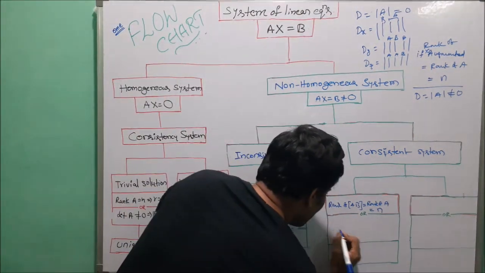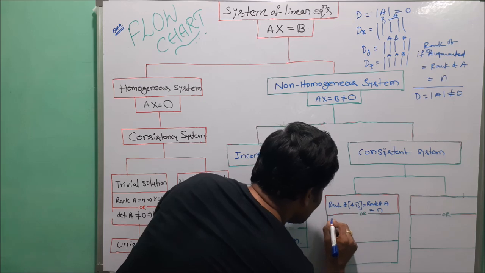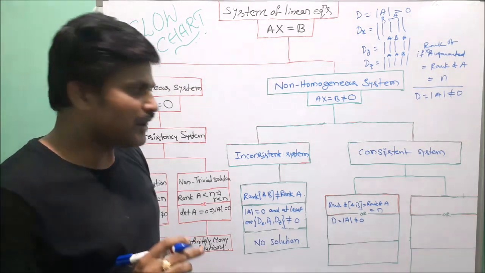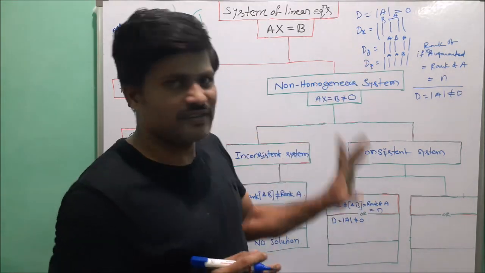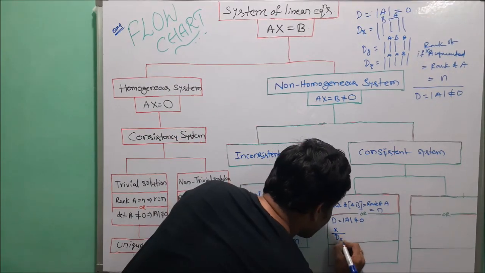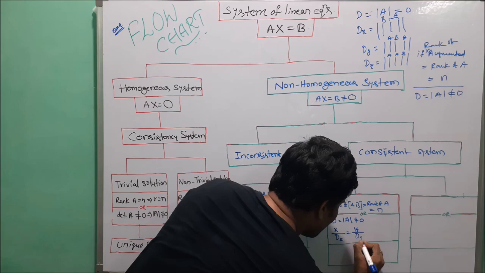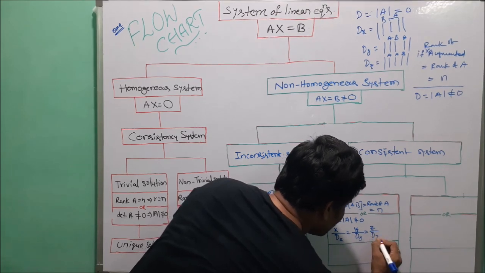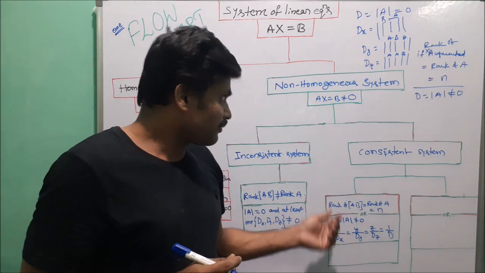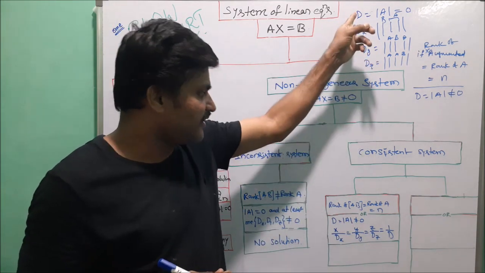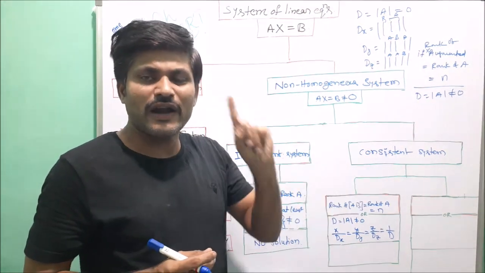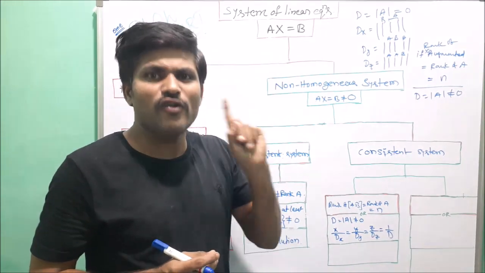So the first condition is D equals det A, not equal to 0. Similarly find dx, dy, dz using the relation x by dx equals y by dy equals z by dz equals 1 by D. Substitute the values of dx, dy, dz and D in this relation, then find the values of x, y, z. That is the one and only solution, the unique solution.